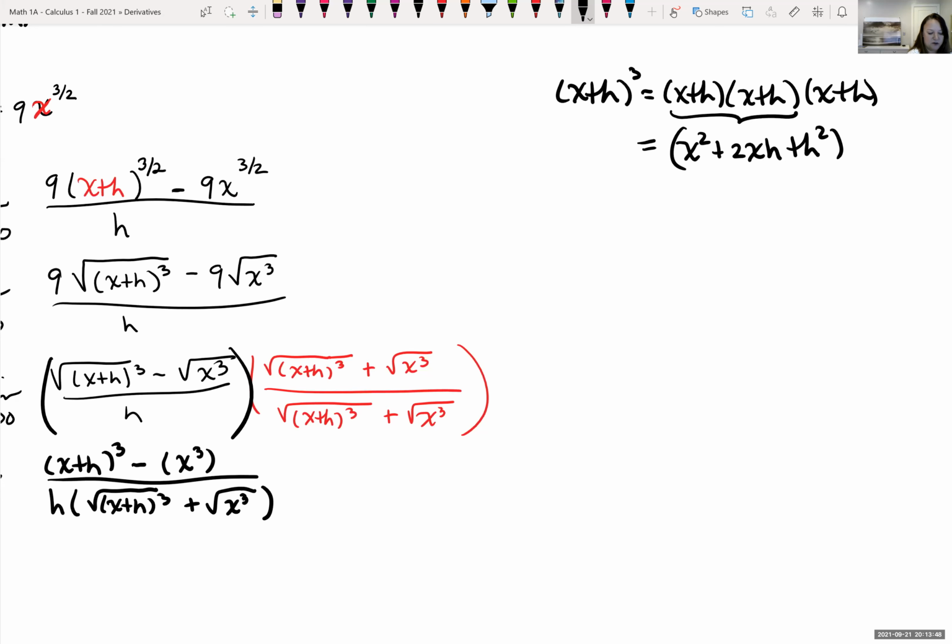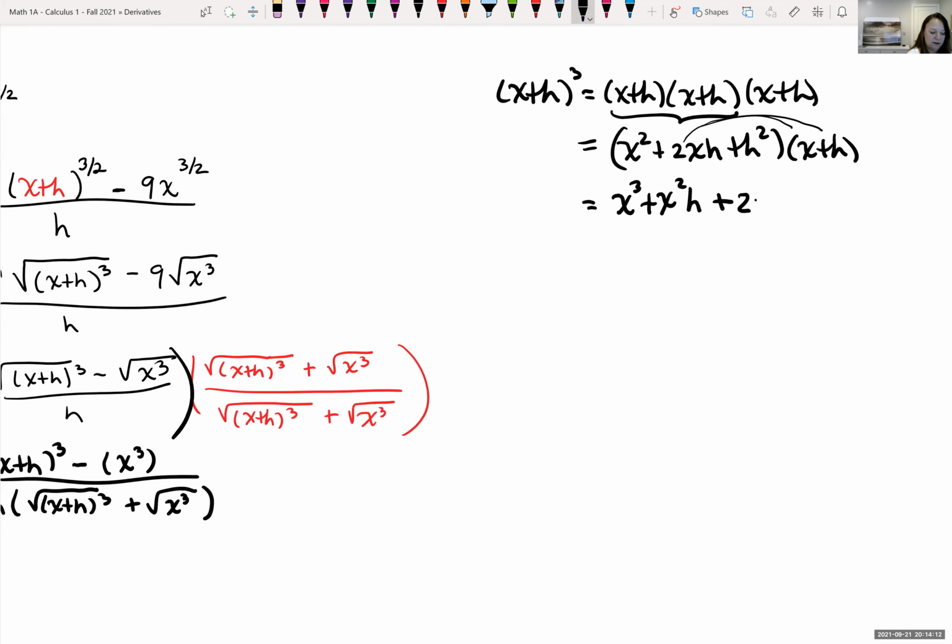Then I multiply that by the other x plus h. Distributing, x squared times x is x cubed, x squared times h is plus x squared h, plus distributing my 2xh to each term: 2xh times x is 2x squared h, and 2xh times h is plus 2xh squared.